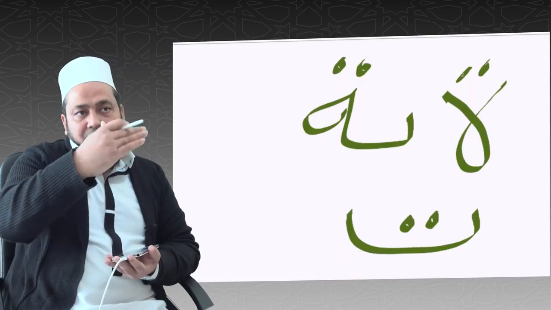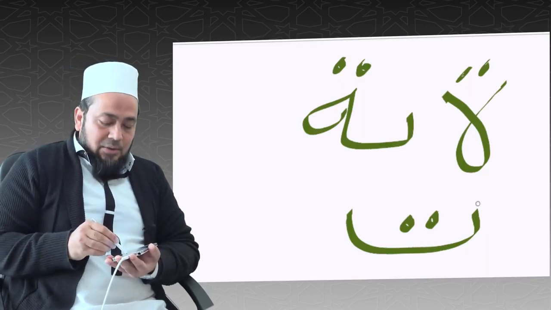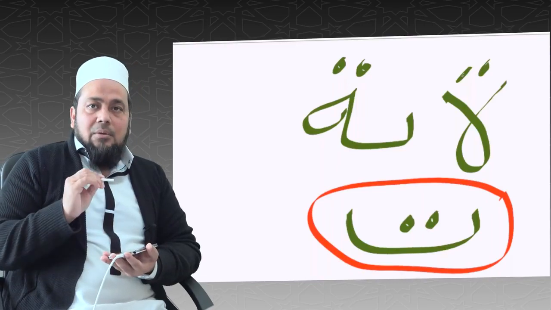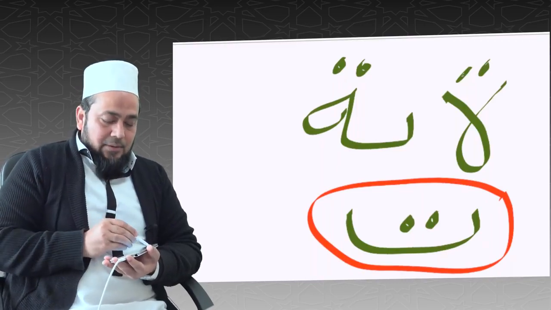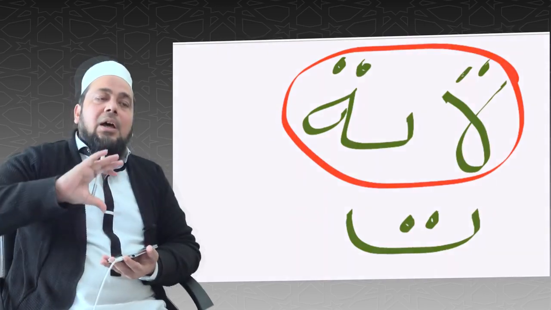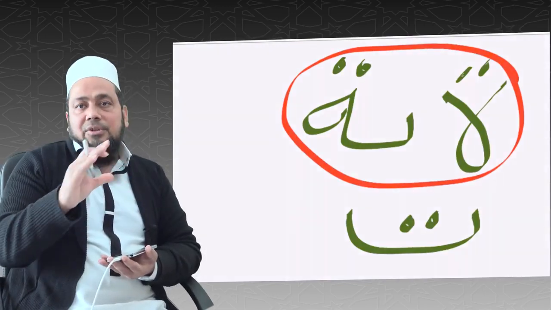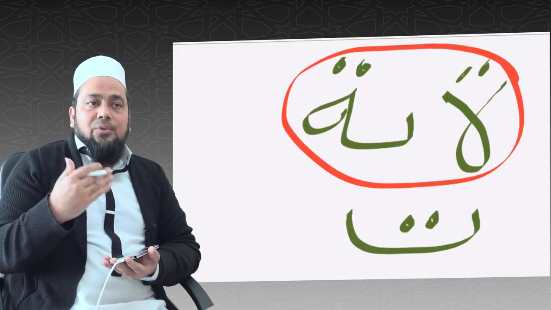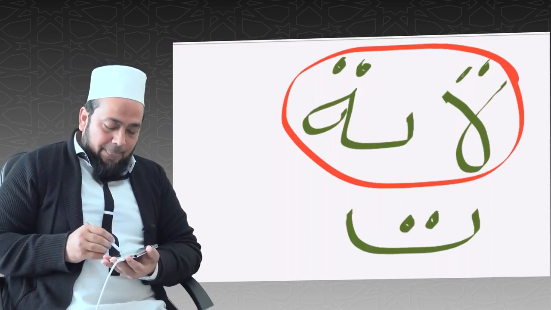There are differences between these two types of Ta. This Ta is called Ta'u Majrura, and this Ta is called Ta'u Marbuta. Inshallah, I will explain more details about these two types of Ta when we go to the advanced level, inshallah.